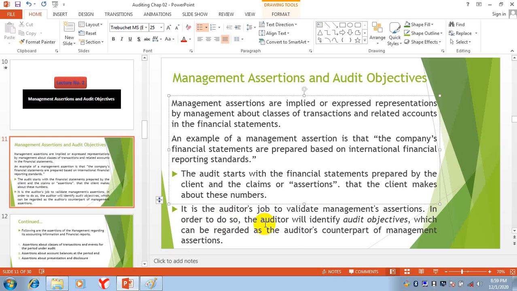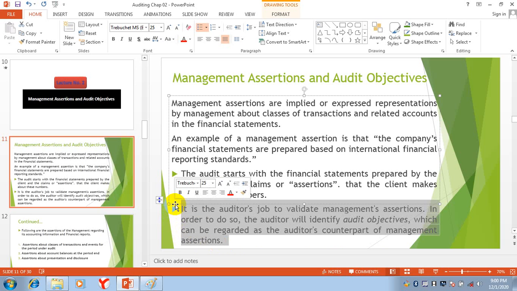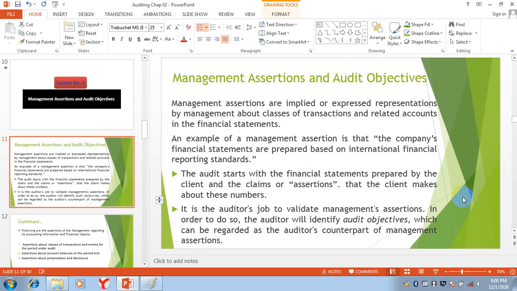In order to do so, the auditor will identify audit objectives, which can be regarded as the auditor's counterpart of management assertions. Now he will set some objectives, and accordingly he will check and achieve his objective.